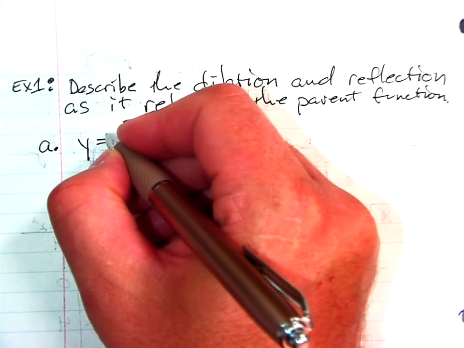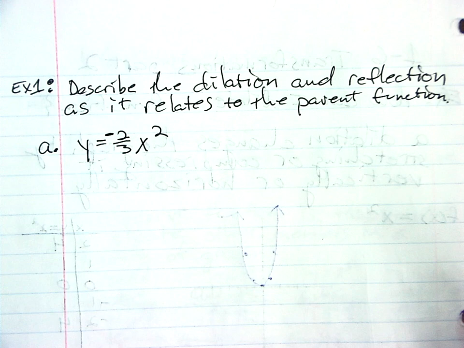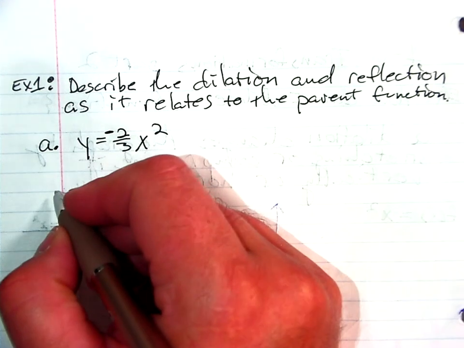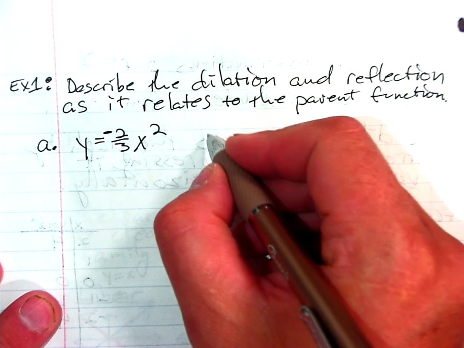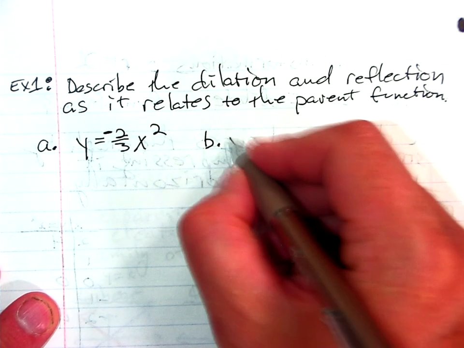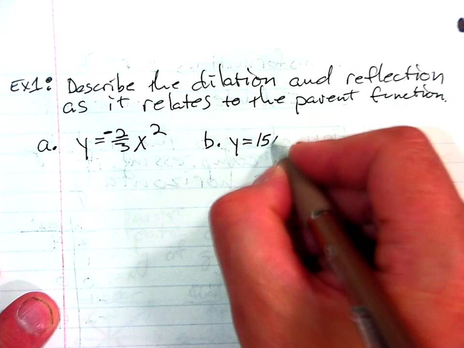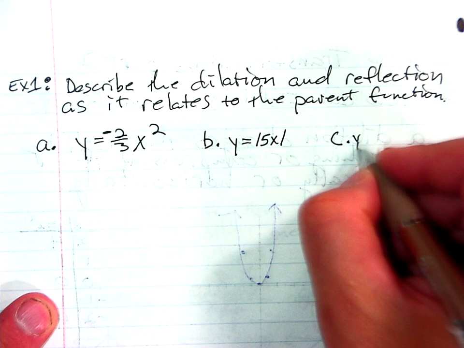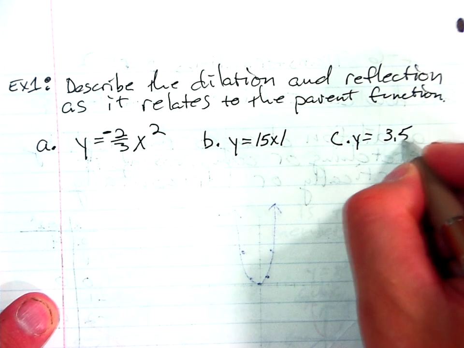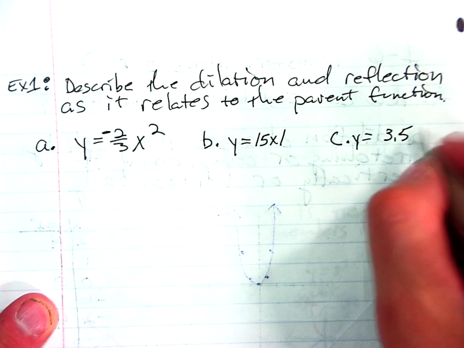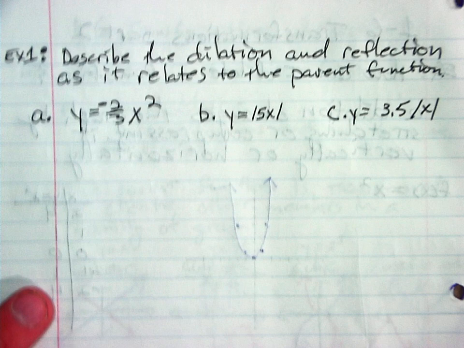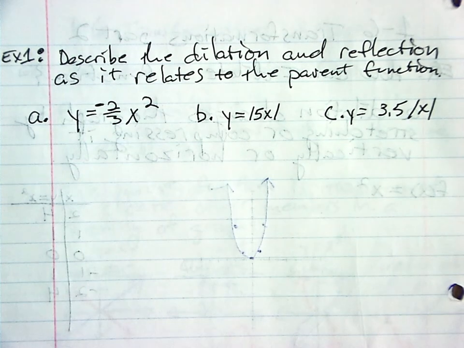Alright, I'm going to make this negative 2/3 x squared. Even though we really haven't talked a lot about reflections, we're going to right now. So we have 3 of these. So that's A. B is y equals the absolute value of 5x. And C is y equals 3.5 times the absolute value of x. So what your homework says is describe each dilation and reflection as it relates to the parent function.